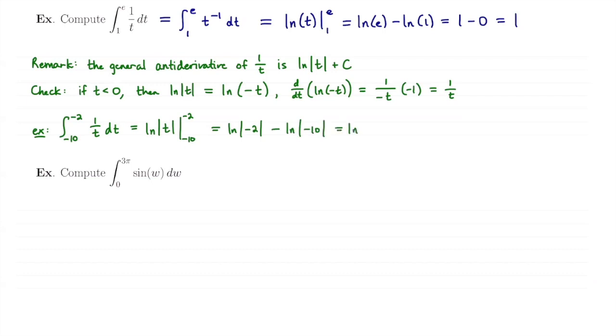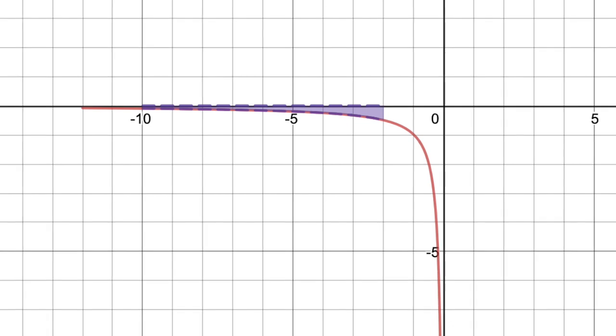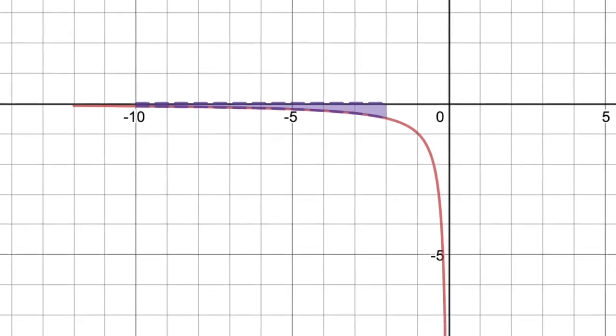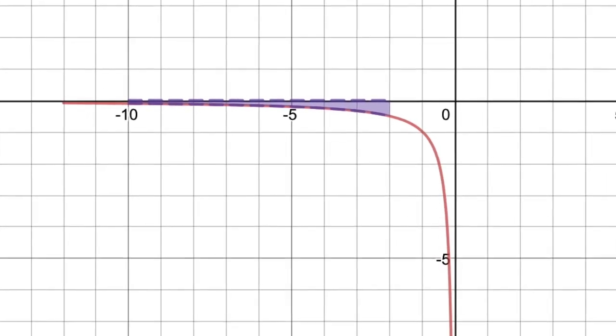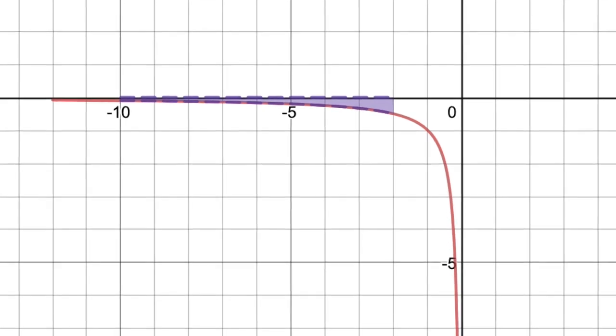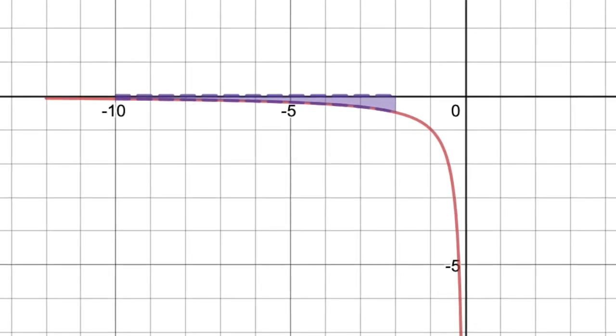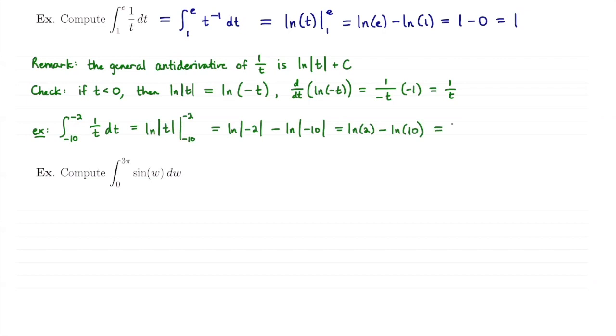In other words, natural log of 2 minus natural log of 10. That's going to be a negative number, but that makes sense because over in the third quadrant, 1 over t is below the x-axis, so everything between the graph of this function and the x-axis is going to consist of negative area. And if you wanted to, you could also say that's natural log of 2/10.